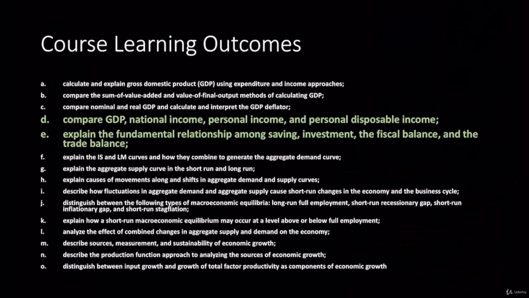Let's see what we're going to do next video. That's it for this video, just very straightforward. Next video, we're going to compare GDP measures, and we're going to explain the relationship between all of these variables that we're going to develop with each other.